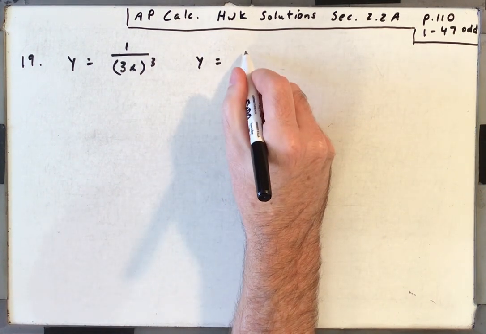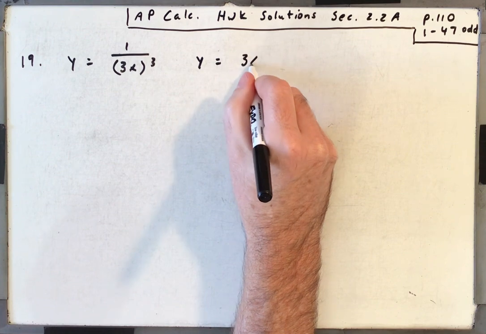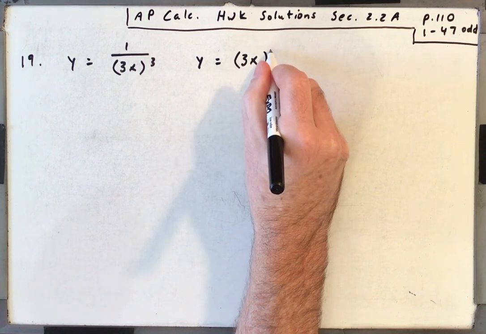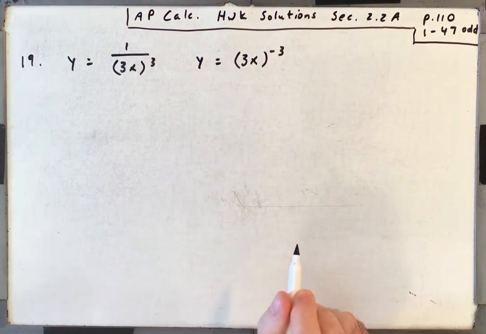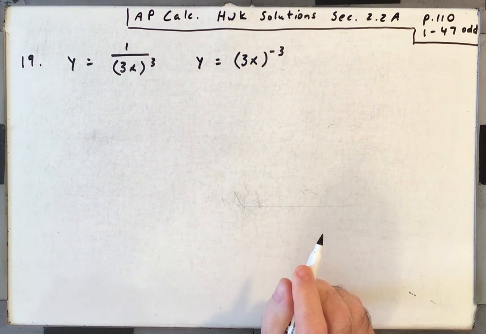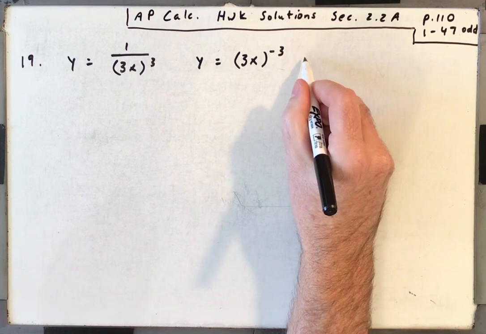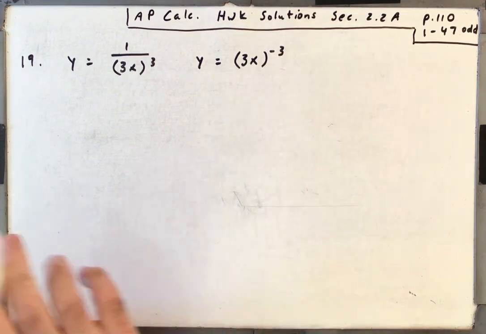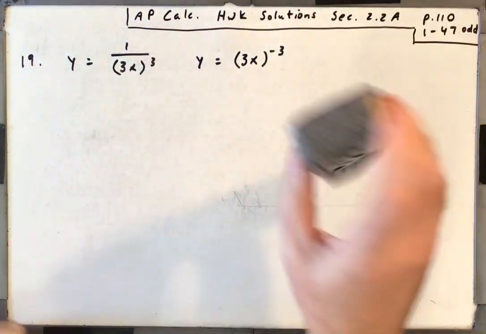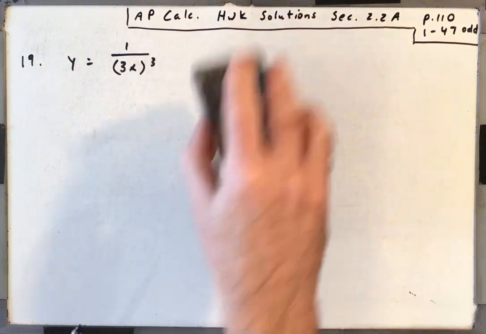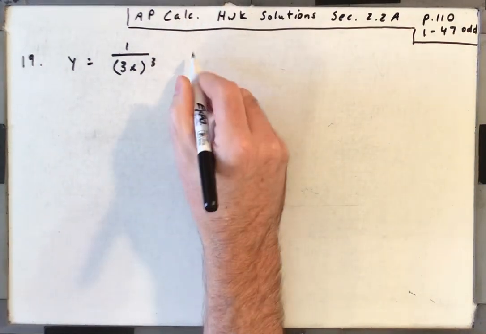3x to the negative 3rd power. All right? That's the same as, you know, I'm going to do this a little different. Sorry about that. 3 cubed is 27, right?